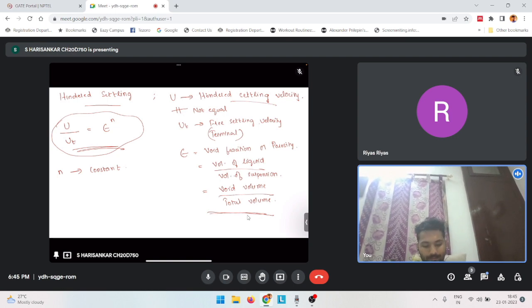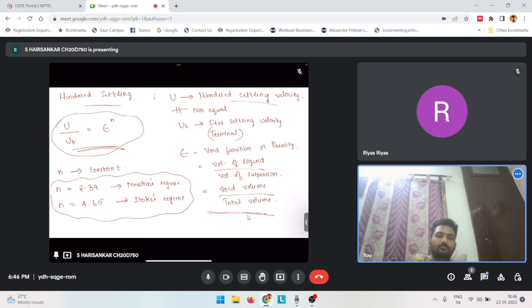For example, n will be equal to 2.39 if the settling is in Newton's regime, and n will be equal to 4.65 if the settling is in Stokes regime.